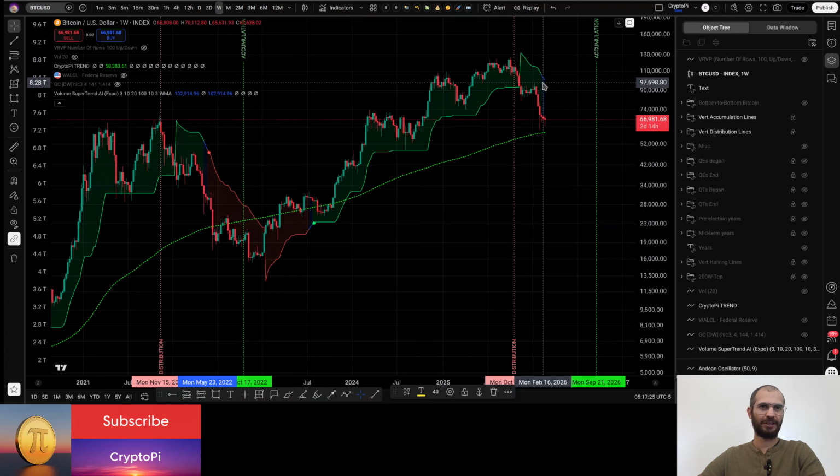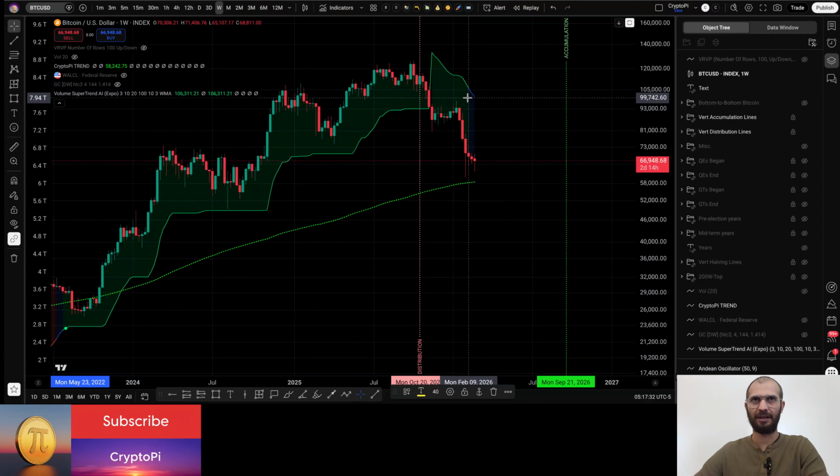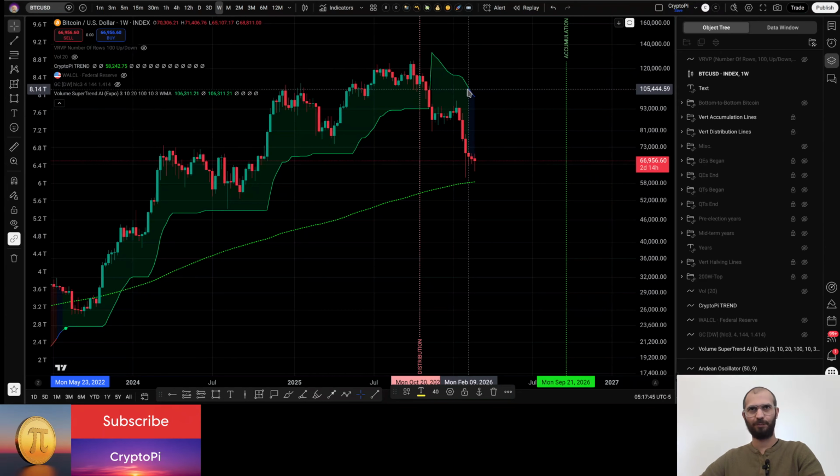On February 16th, we can see that the component turned to blue, but until the end of January, it was still pretty much saying that we are having a pullback and Bitcoin is still in its bullish phase.